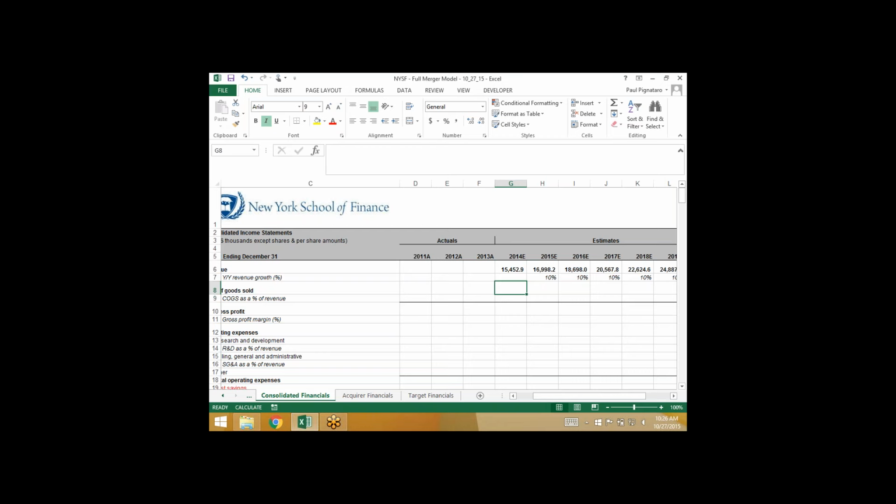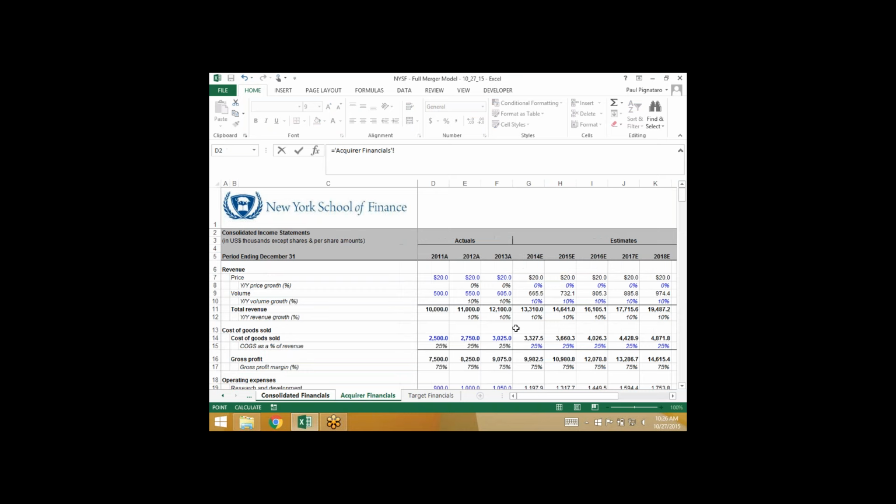We're also adding cost of goods sold. So again, this is a template. It's nice and easy that the line items are matching up, but we'll see in real situations where the line items don't match up. One company might have 4 cost of goods sold line items, another one won't. So when we do the Office Depot Office Max, we'll look into those things. But this is just high level. Cost of goods sold, acquire plus target.